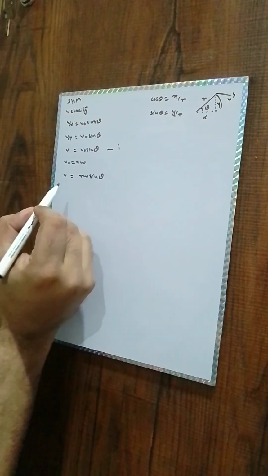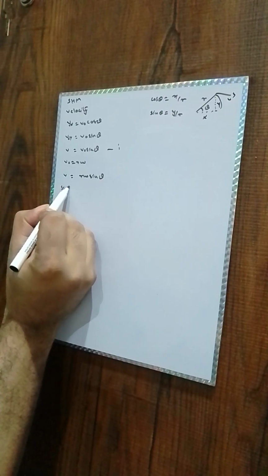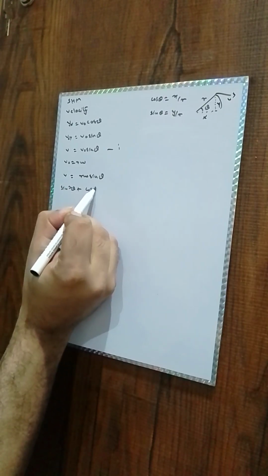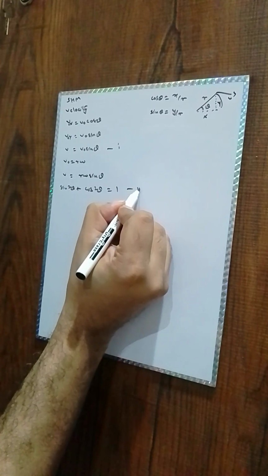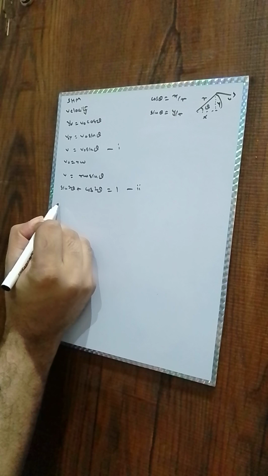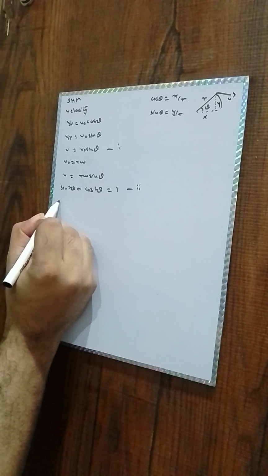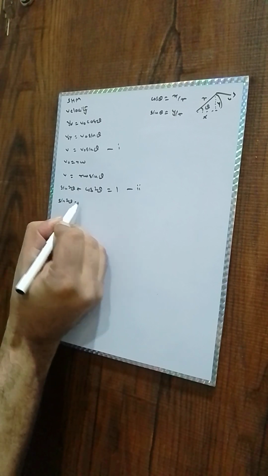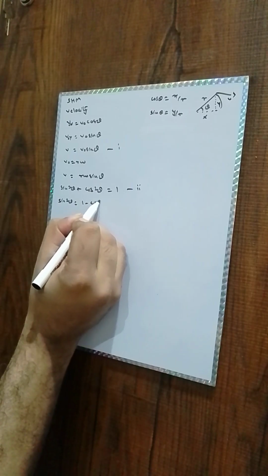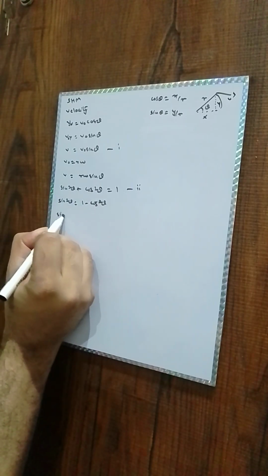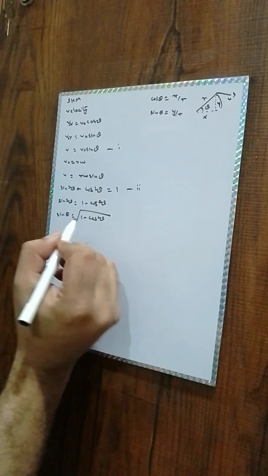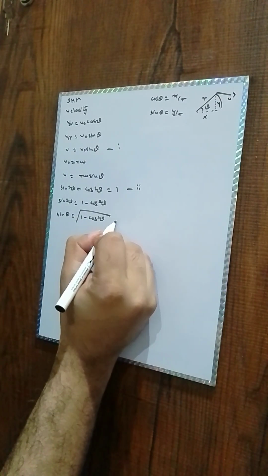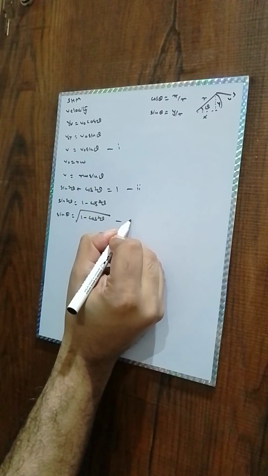Okay, and also we know that sine square theta plus cos square theta is equal to 1 in trigonometry. So this is, let's say, 2 here, so sine square theta is equal to 1 minus cos square theta, and sine theta is equal to the root of 1 minus cos square theta. So we can use this as substitution.